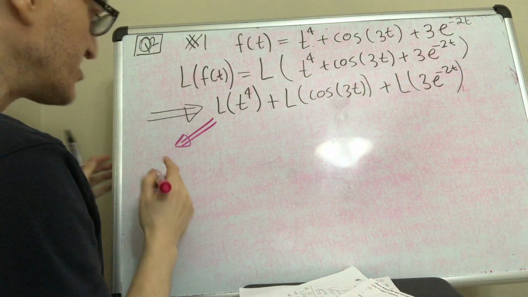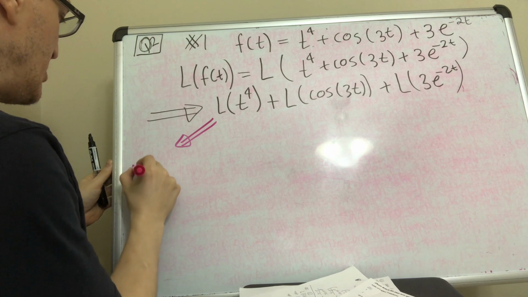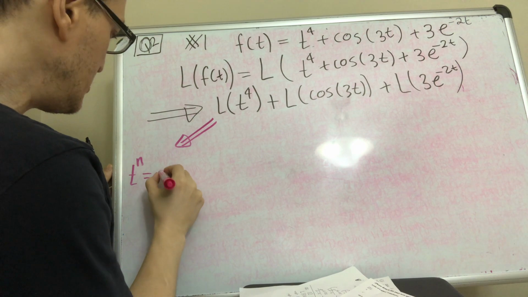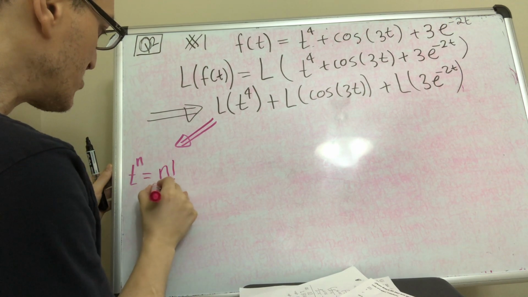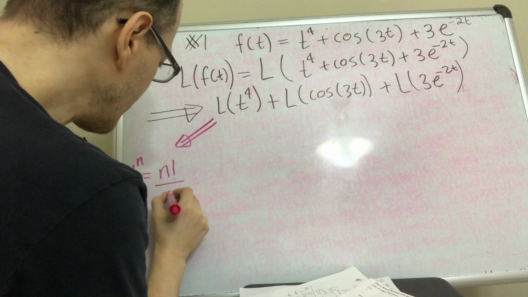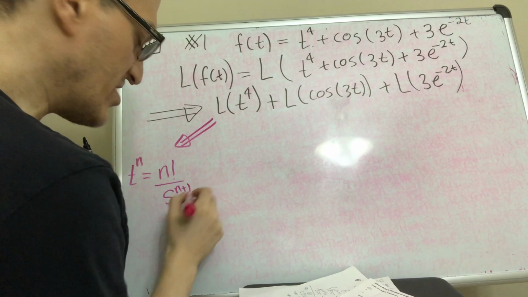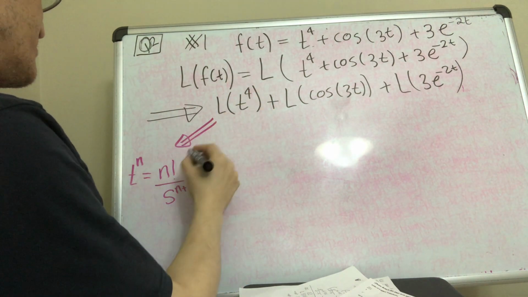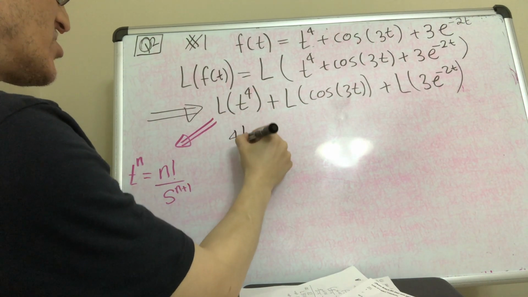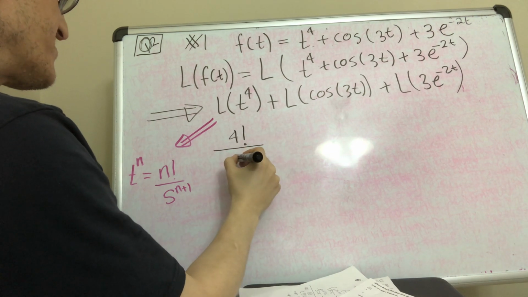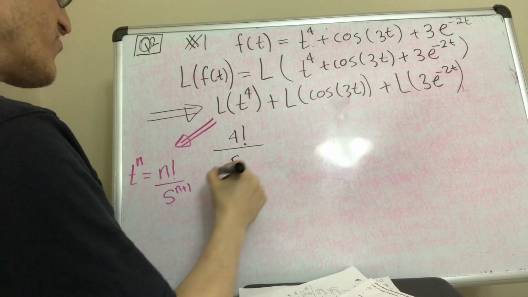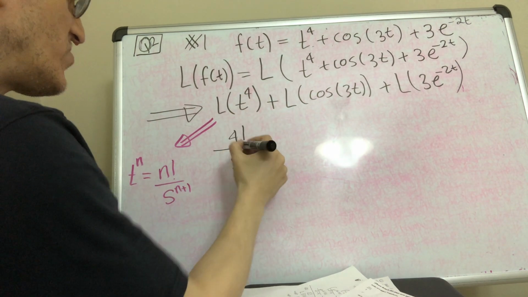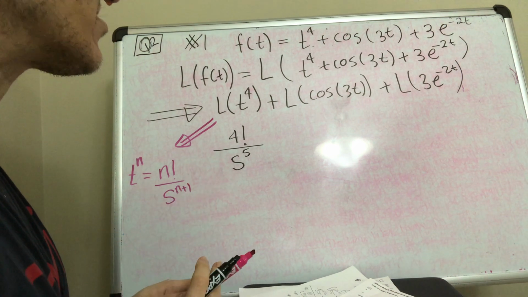For this one, we're going to use this rule. If you have t to the n, this transformation would be n factorial over s to the n plus 1. So your n is 4, so the rule says it's 4 factorial over s to the n plus 1, so n is 4 plus 1, 5. So this is the result for the first one.